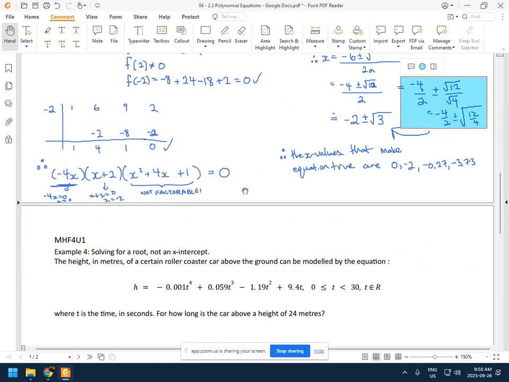And I want to know something about between its domain 0 and 30 seconds. Between 0 and 30 seconds, when is this roller coaster at a height above 24 meters? Seems a little weird, but let's try it.